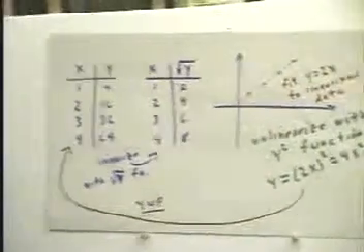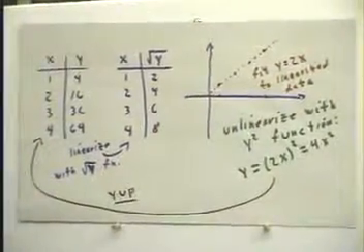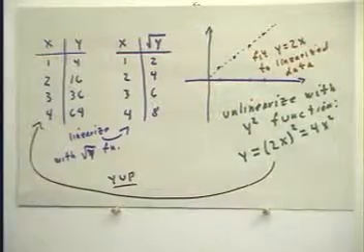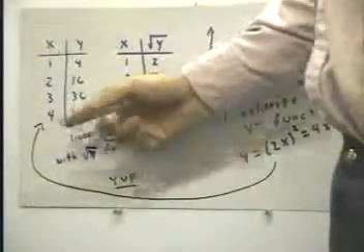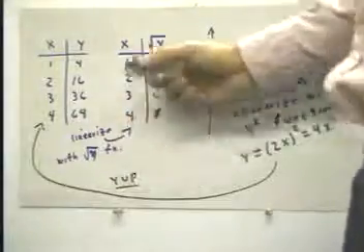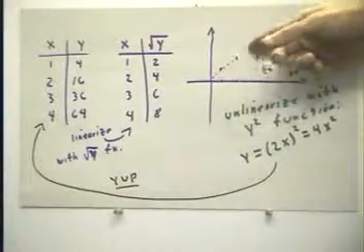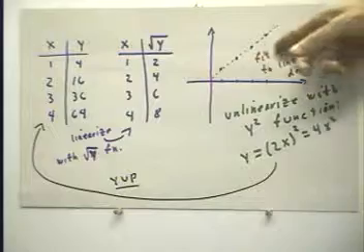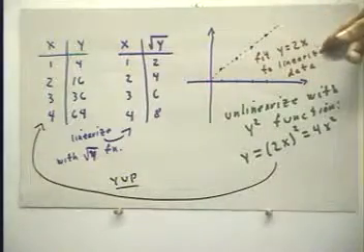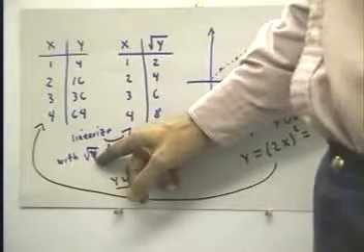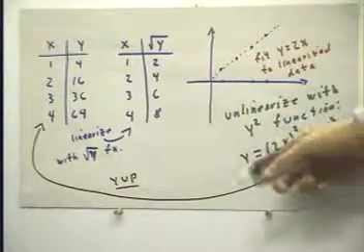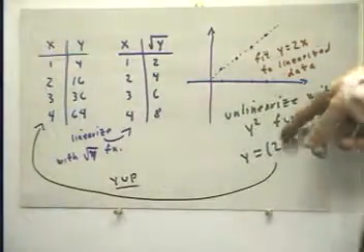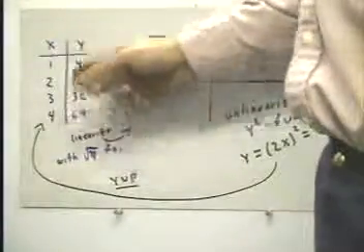So let's step back and look at the entire process. The process is we start with some data, we linearize it, we get a good linearization, in this case a perfect one, we get a linear fit. Then we use the function that's inverse to the one that we used to linearize to unlinearize, and we get a function that in this case is a perfect fit to the original data.